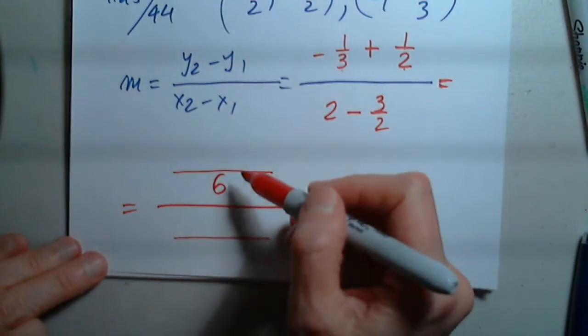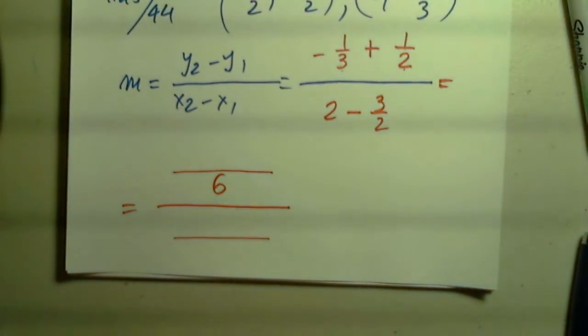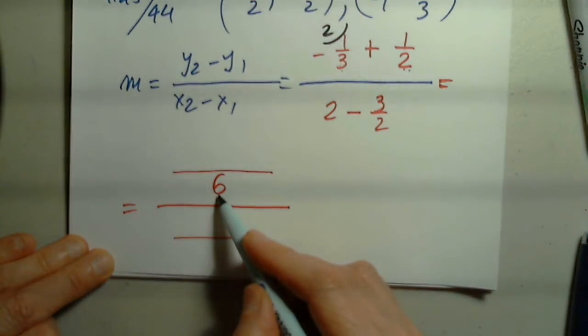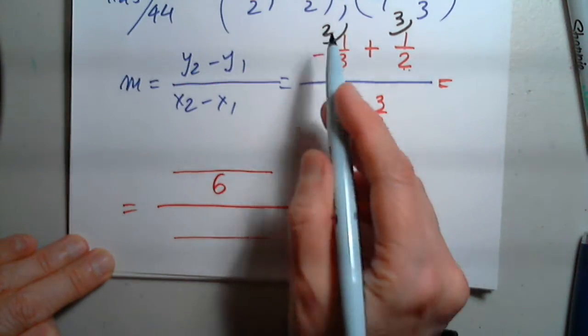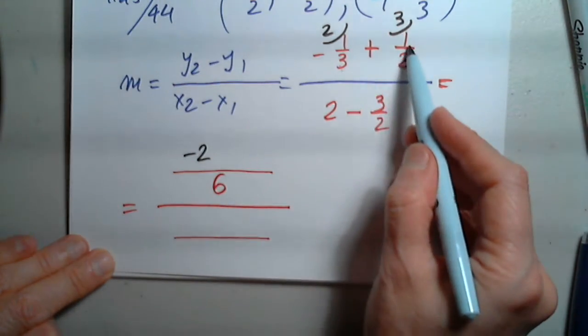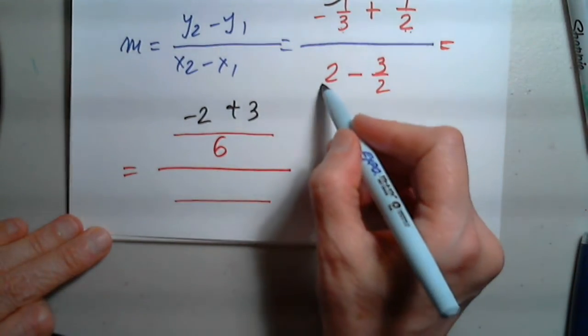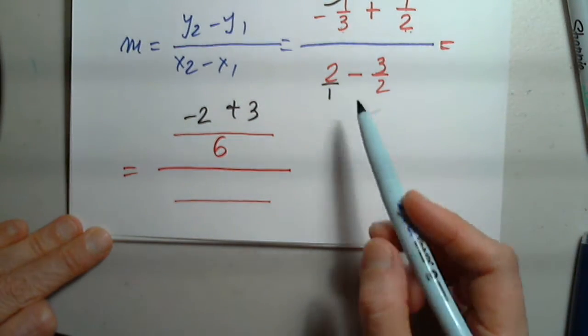So now 3 was multiplied by what? 2. 2 was multiplied by what? 3. Yes. So -1 times 2 and +1 times 3. This is 2 over 1. Least common denominator in the denominator.